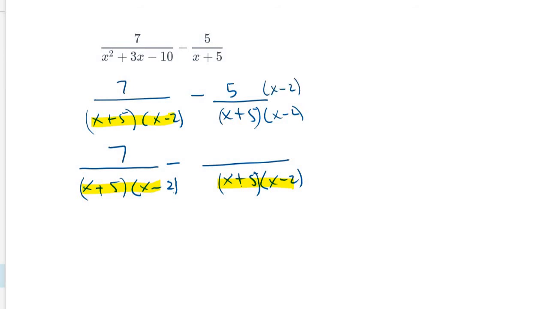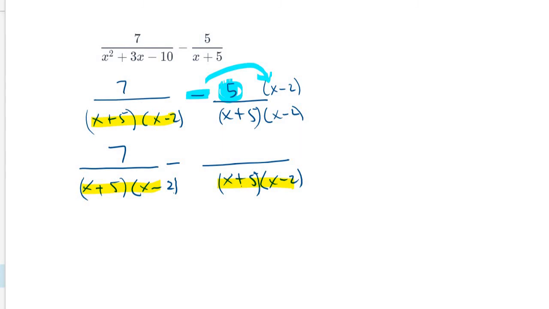Now this is a very important point that's coming up. You see this negative over here applies to this number here, the 5, which together applies to what is inside the parentheses. So I'm going to use -5 to multiply x minus 2. So be aware of that.